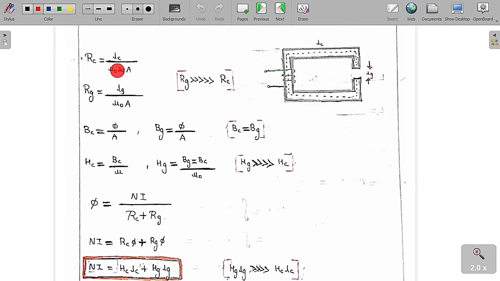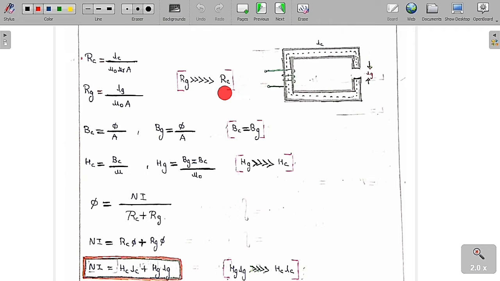Reluctance of the core is equal to Lc by mu naught mu R into A, whereas Rg is equal to Lg by mu naught into A, because mu R is equal to 1 for air. We can see clearly that mu naught is very small compared to mu naught into mu R. So Rg is always greater than Rc, meaning air gap reluctance is always greater than the core reluctance. That is the reason flux always prefers the core.